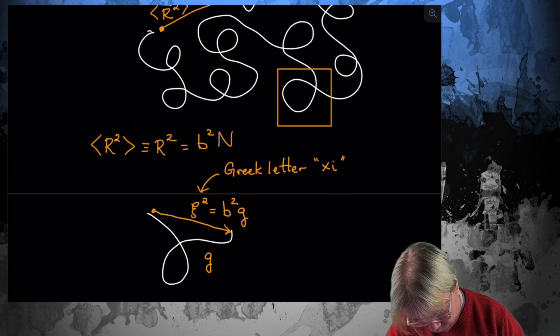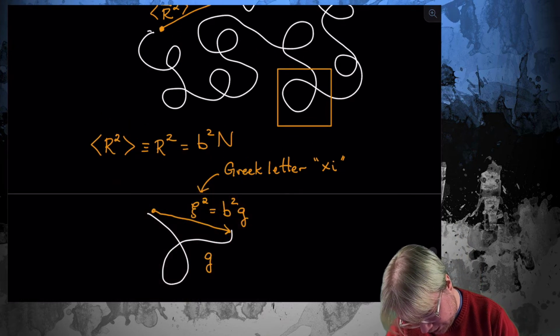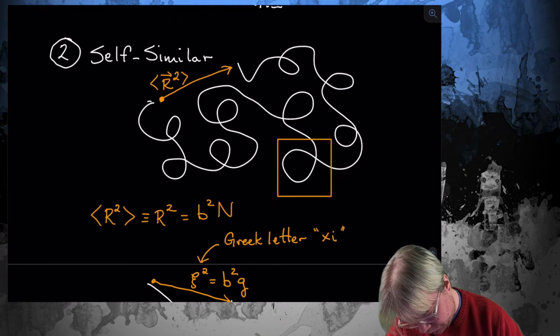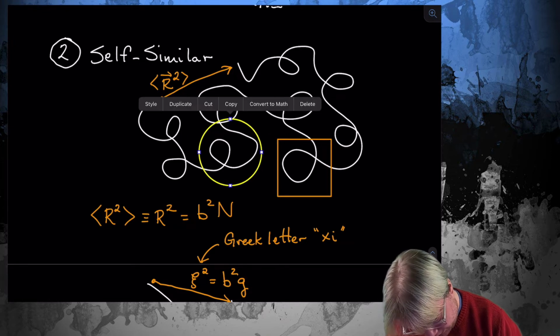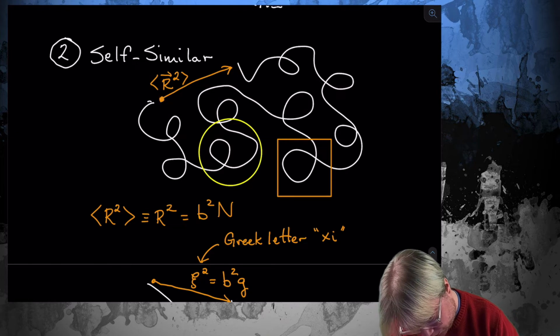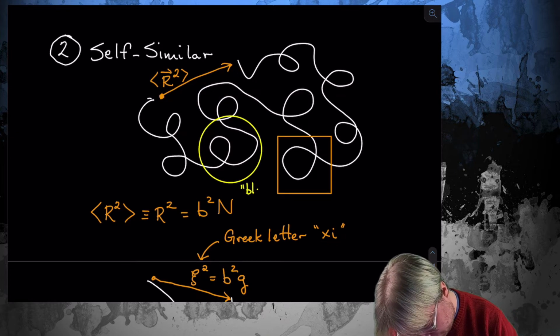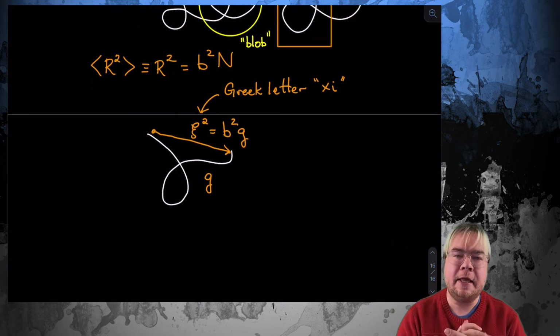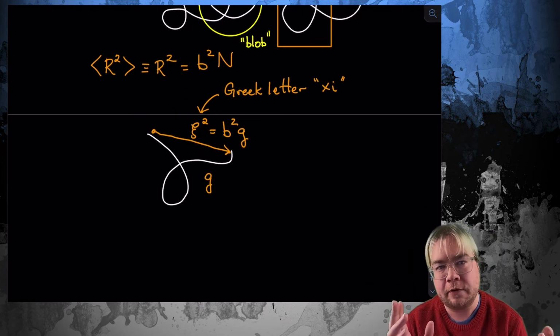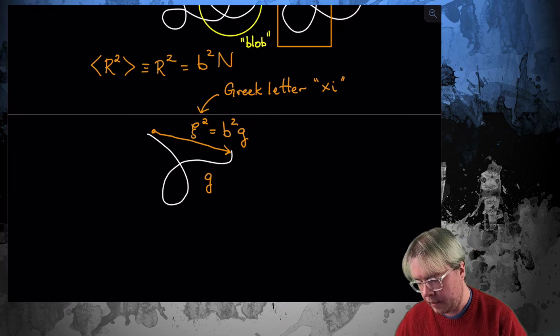So what we'll do today is this small region here. Typically, let me just draw another one here. So typically this small region here is what I'm going to call a blob. And then when I look at it like this, I'm going to talk about what its size is and how it looks at these smaller length scales. Okay.